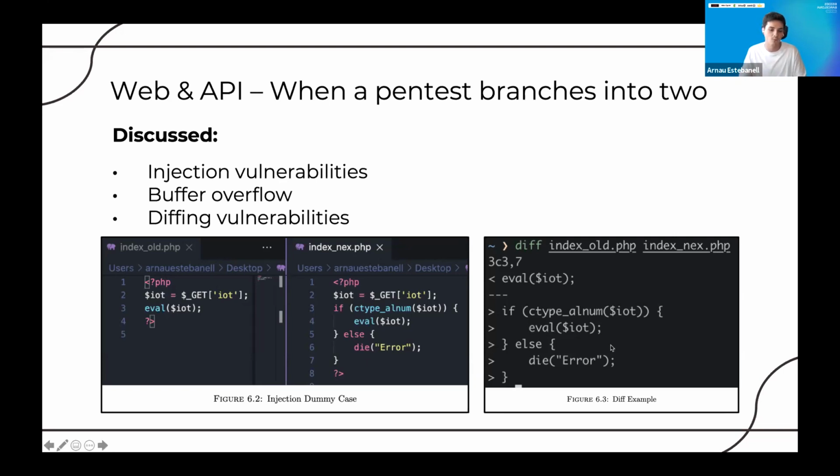What you can see on the screen, these two screenshots, are basically an academic dummy case to show the risk. So imagine that you have the old firmware where you get the variable in PHP, and then you do an eval on it. Eval has long been regarded as a vulnerable function, and is used in CTFs for those of you who play.